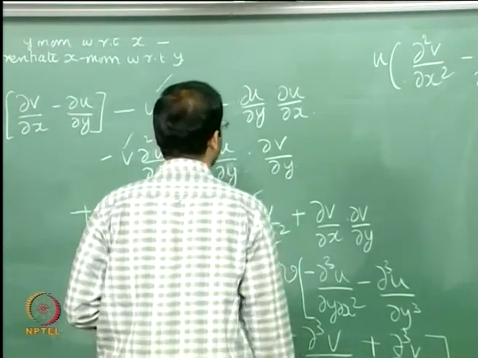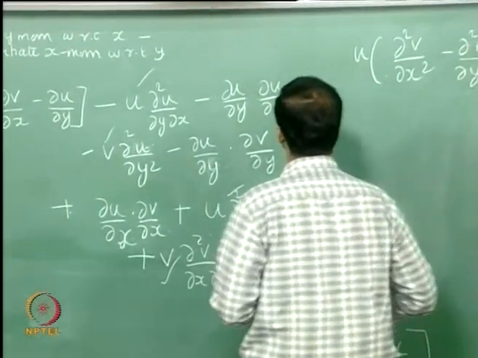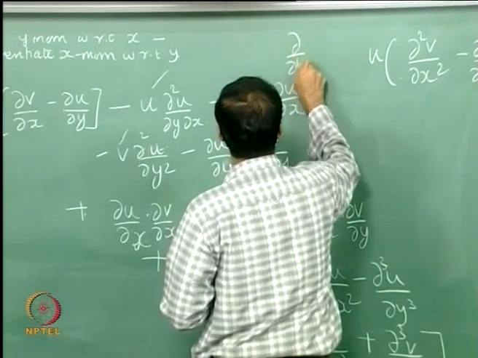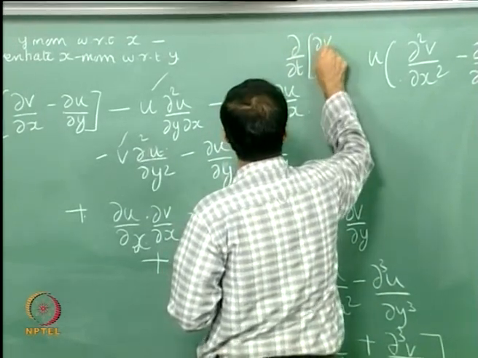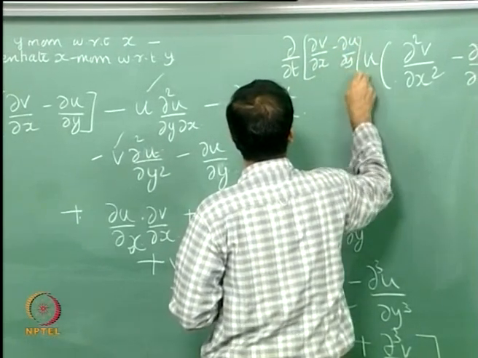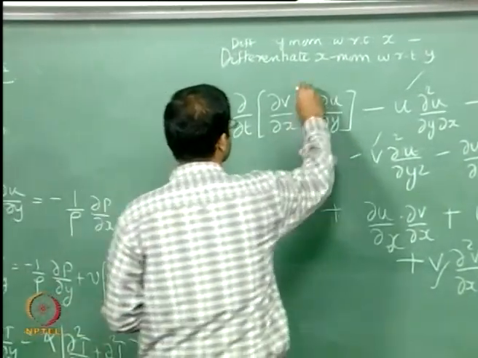So 4 terms we have taken care of, and before that, I am going to add the temporal derivative term. So that is d by dt of dv by dx minus du by dy plus these terms, right. So this term is also taken care of.